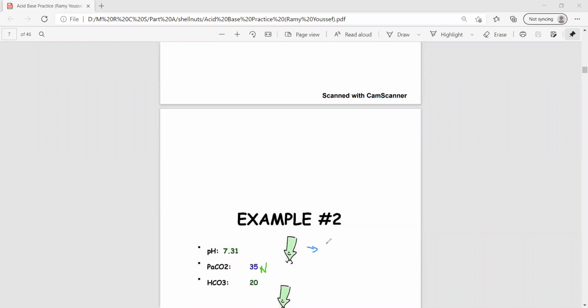The pH is acidotic. HCO3 is also acidotic. CO2 is normal. So what is this problem?